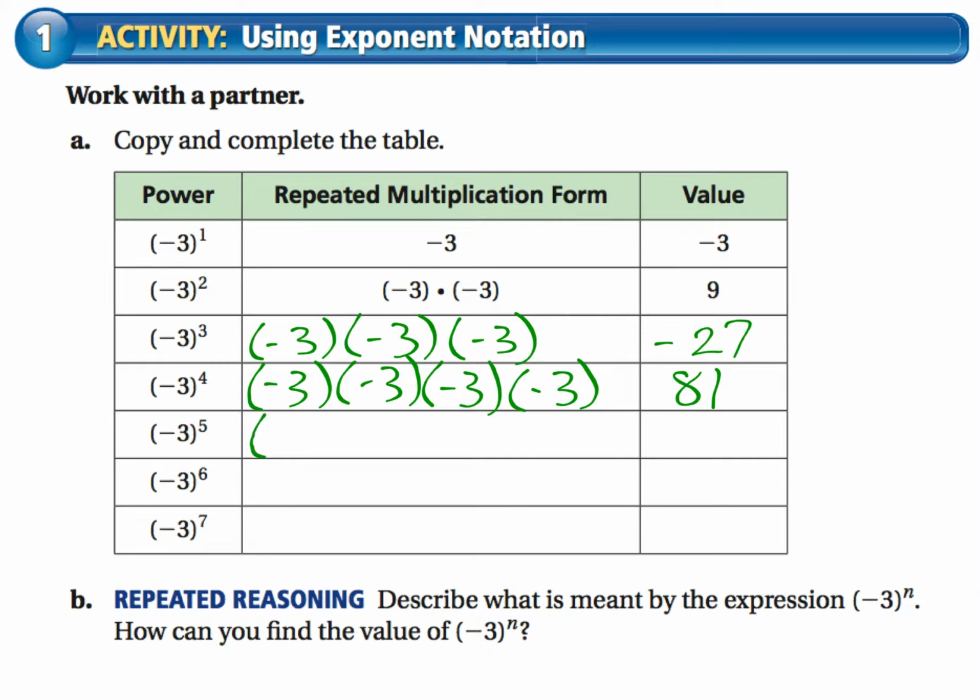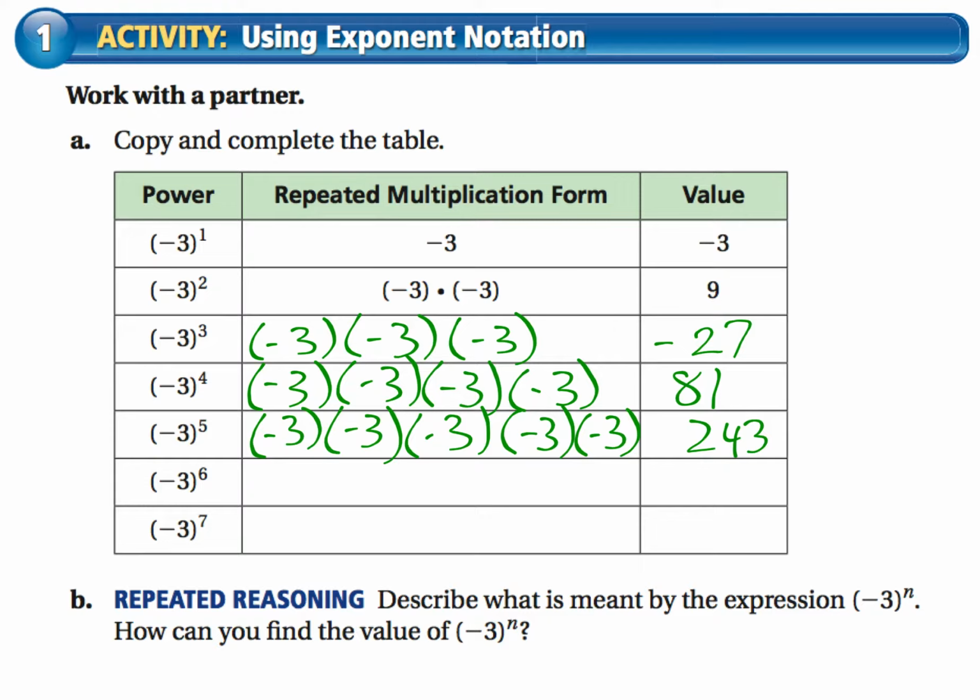-3 to the fifth power will have -3 5 times. Well, 3 times itself 5 times is 243. Now let's consider what happens with the negatives. We've got the first 2 make a positive, the third and fourth one make a positive.